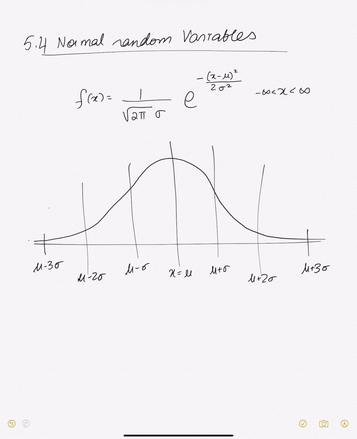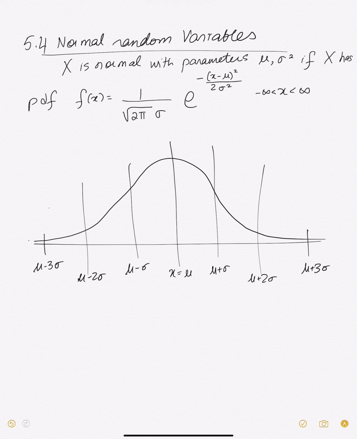All of these continuous random variables, or for that matter discrete random variables, we define via their probability density function or their probability mass function, respectively. So we say a random variable X is normal with parameters mu and sigma squared if X has a PDF, the probability density function, given by this.